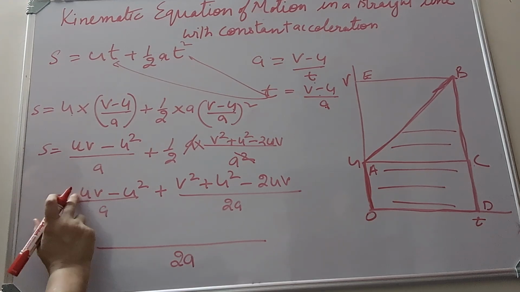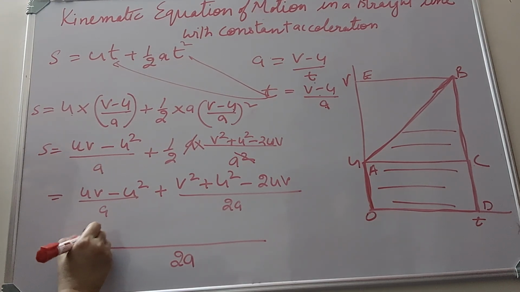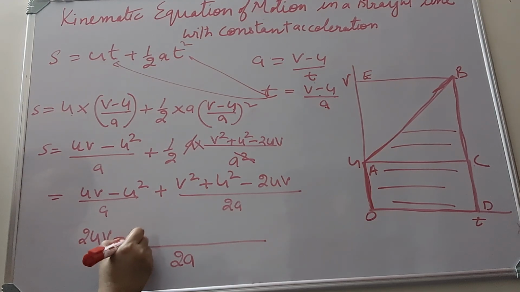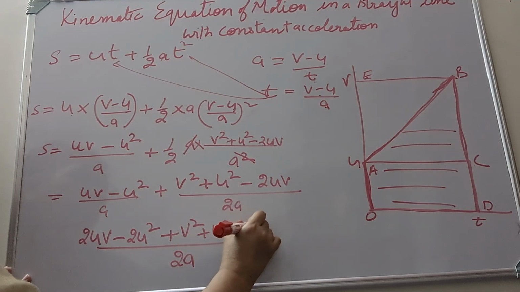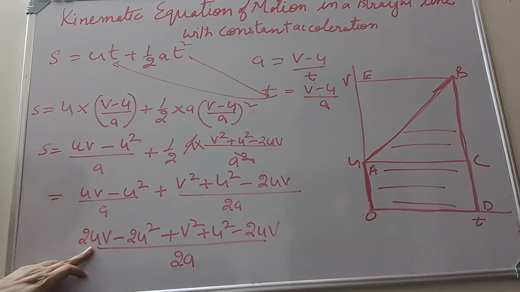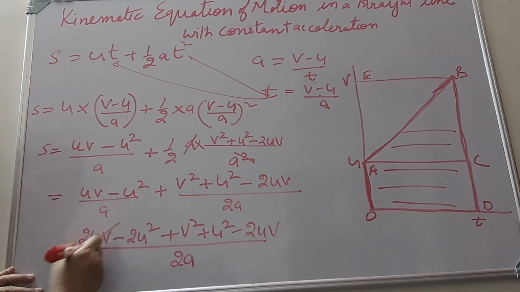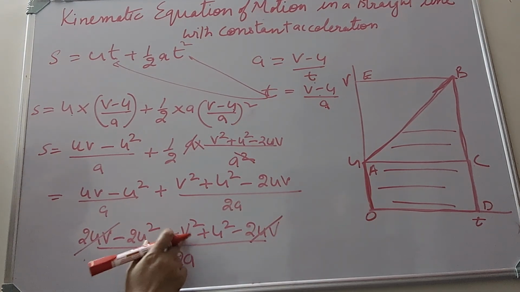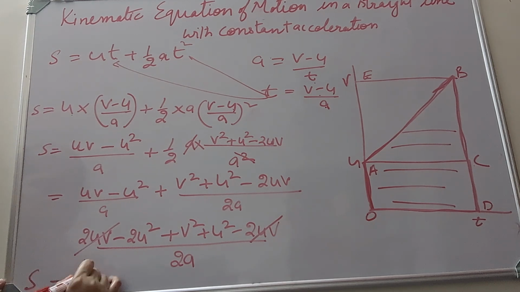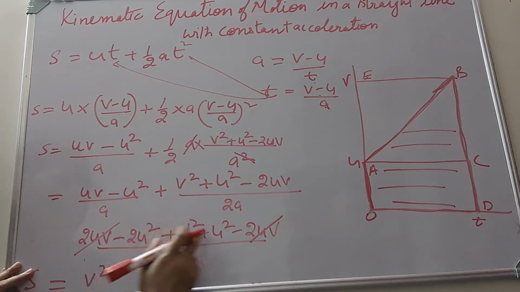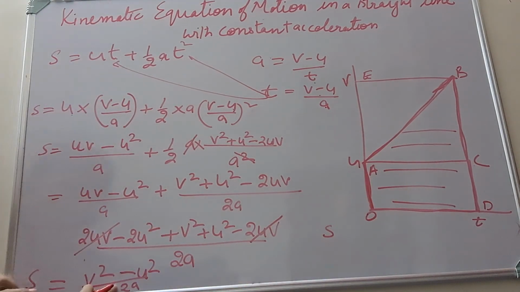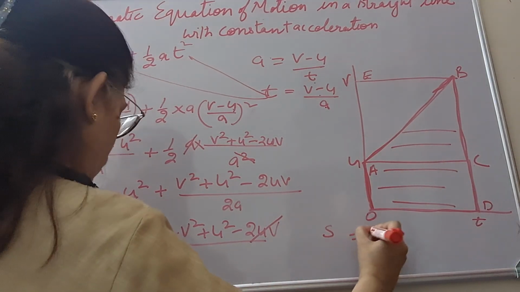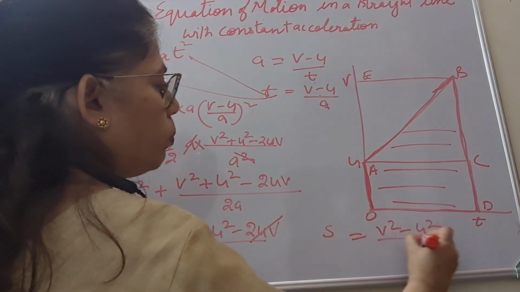Now we will multiply only these two terms by 2: 2uv minus 2u square, plus v square plus u square minus 2uv. 2uv is plus and 2uv is minus, it will cancel. v square does not cancel, so we will write v square. Now minus 2u square plus u square is minus u square upon 2a. Here we write s is equal to, we will cross multiply 2as. s is equal to v square minus u square upon 2a.